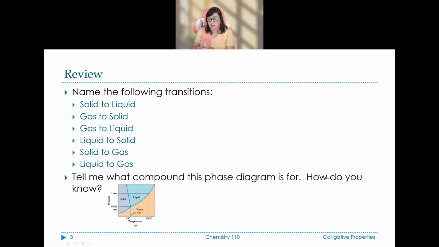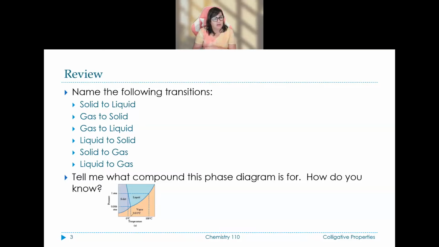Gas to solid is deposition. Gas to liquid, on the other hand, is condensation. Liquid to solid is freezing. Solid to gas is sublimation, and liquid to gas is vaporization. Those are the 6 terms that you will need to be responsible for.